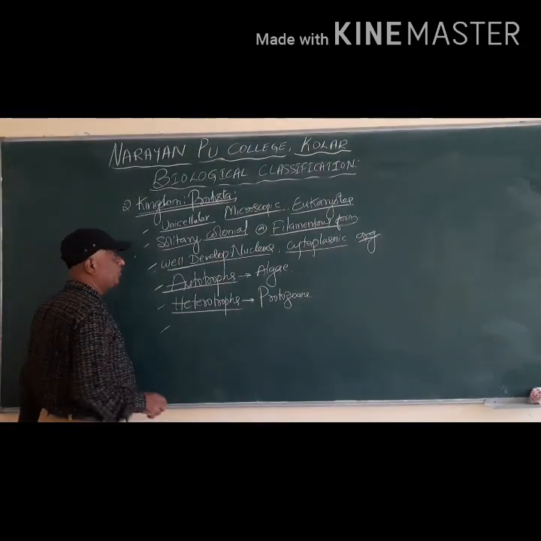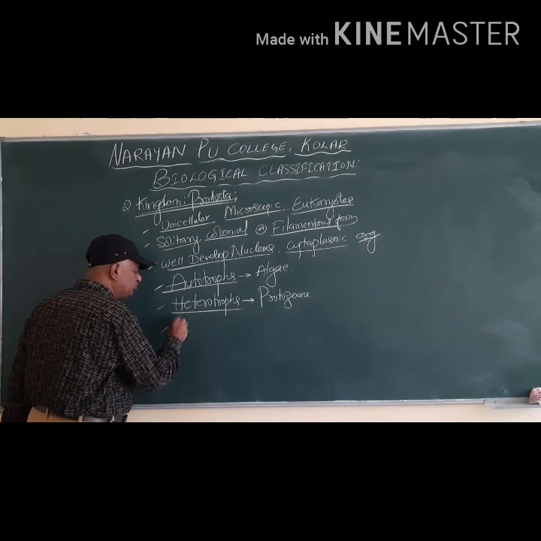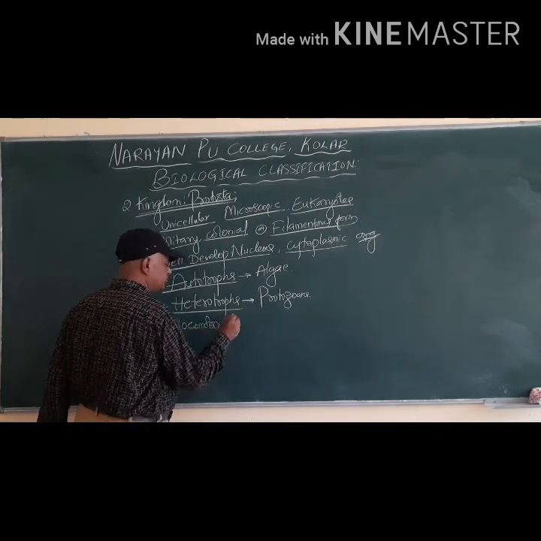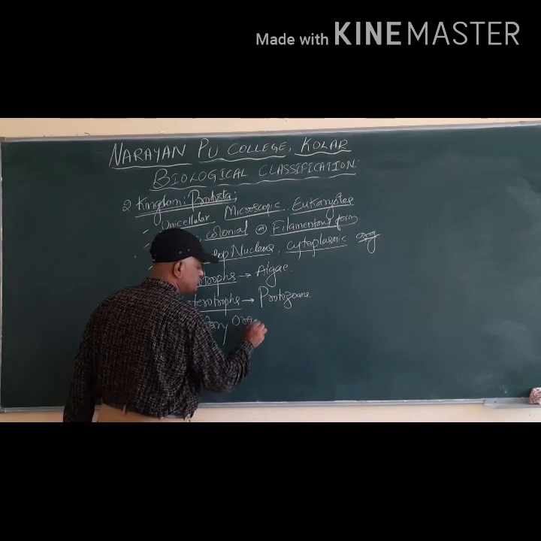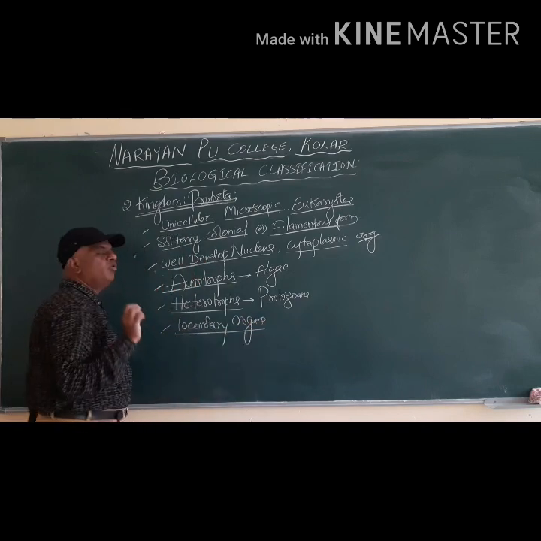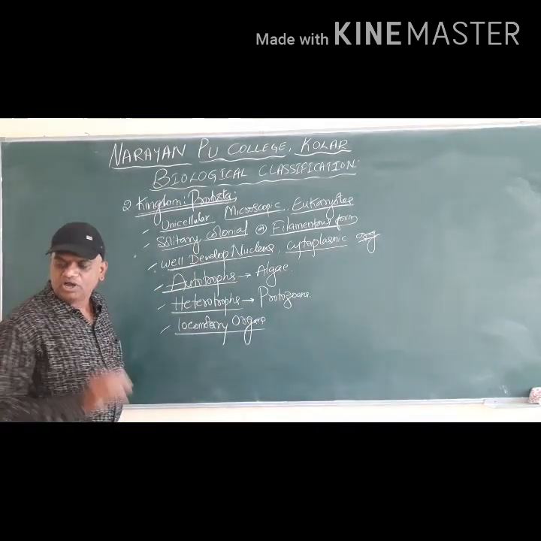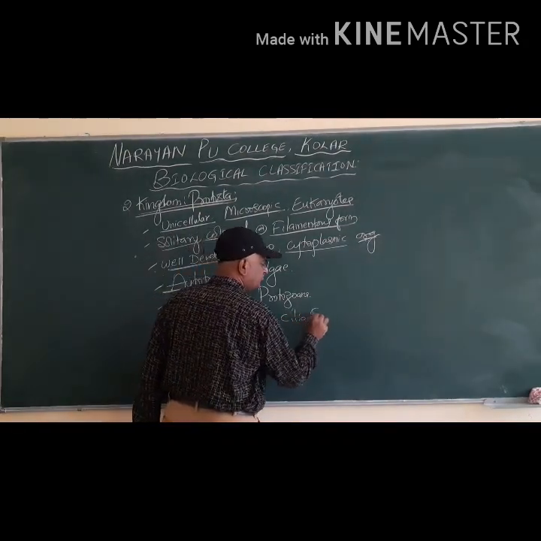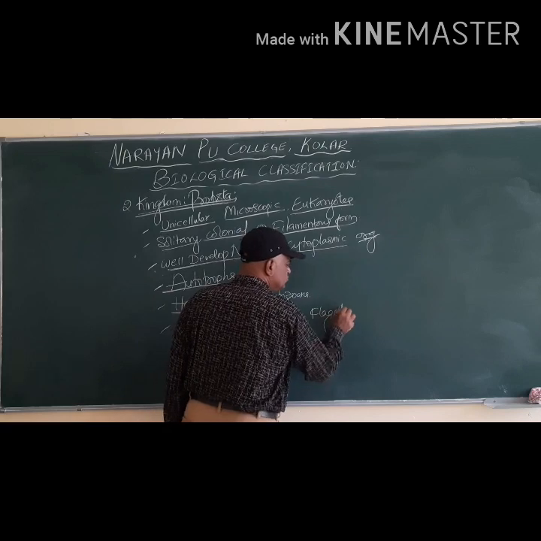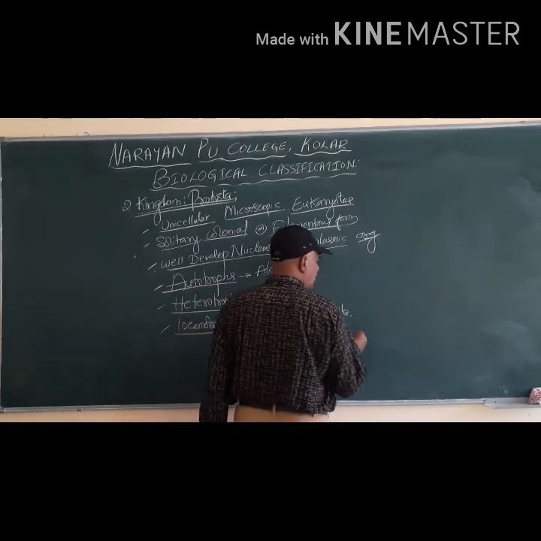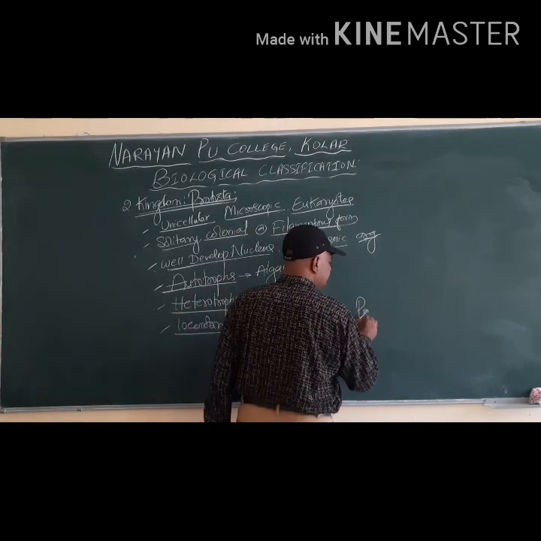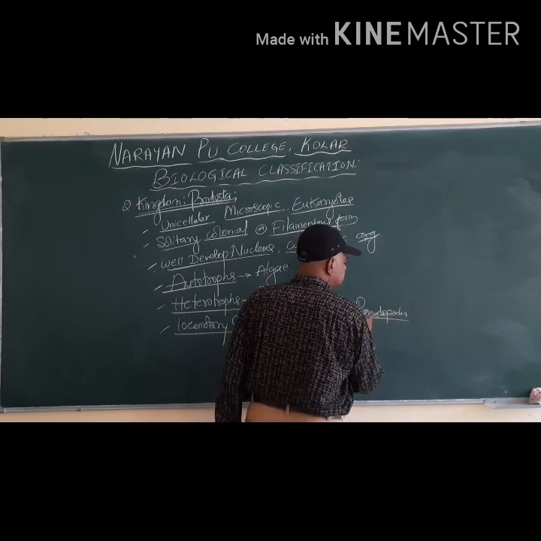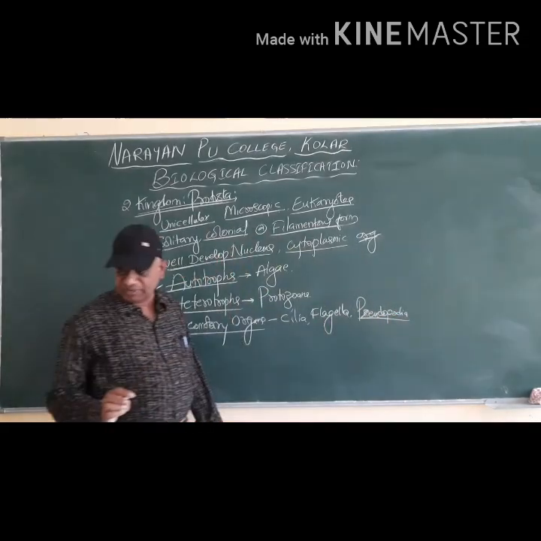Now you go for the next point. The locomotory organs. The locomotory organs will be in the form of cilia, flagella, or we use the word pseudopodia, which comes under amoeba.